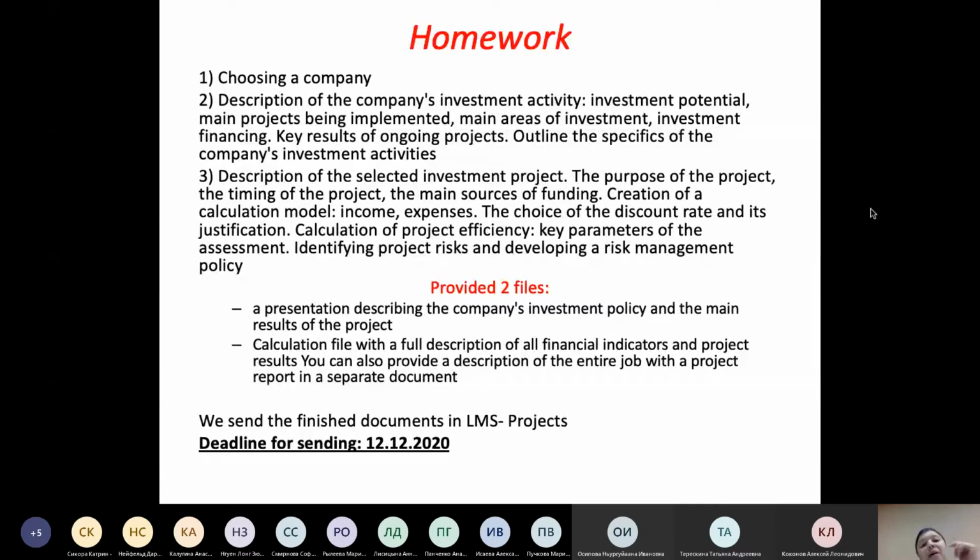And the third part includes the description of the selected investment project.